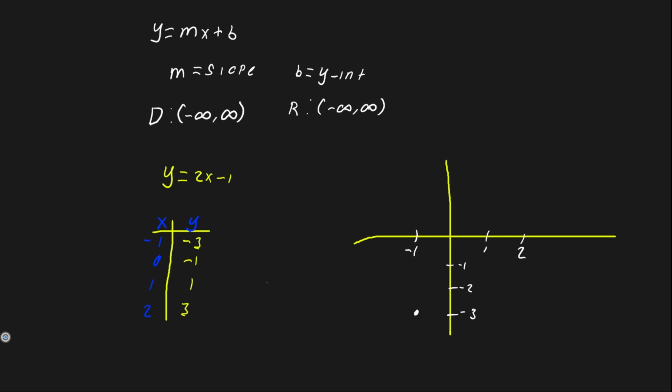And when x is 0, it's going to be crossing the y-axis at -1. And when x is equal to 1, y is +1, which is here. And when x is equal to 2, y is 3, so it's going to be up here.